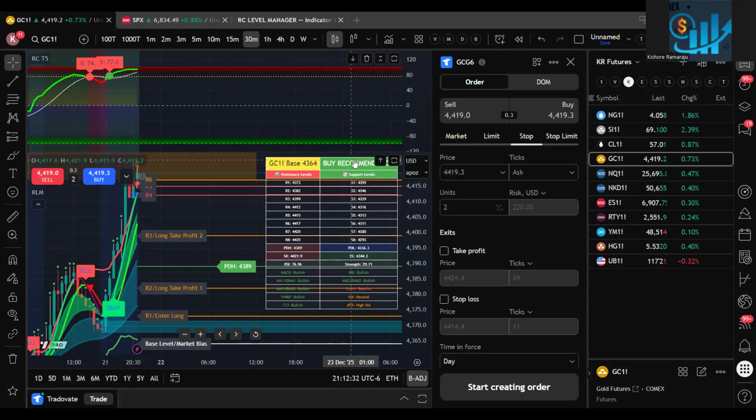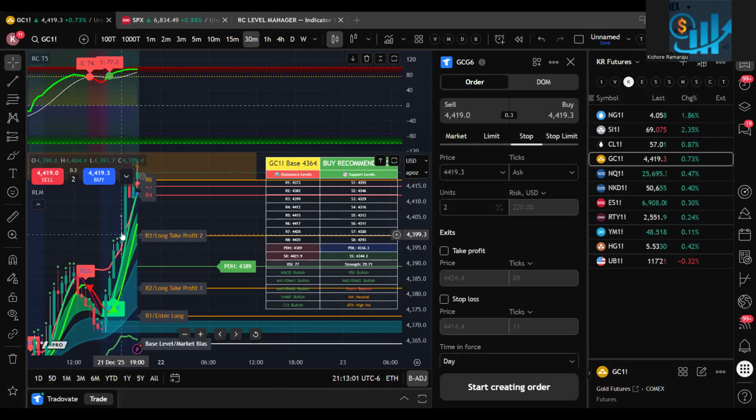The third way is by looking at the table: you see that there is a buy recommendation. That means there are so many factors looking bullish. Your RSI is bullish, MACD is bullish, EMA1, EMA2, EMA3, all different EMAs and moving averages are bullish. Your CCI is bullish, your VWAP is bullish. Because of so many factors, it is telling you to only watch out for the buy signals.